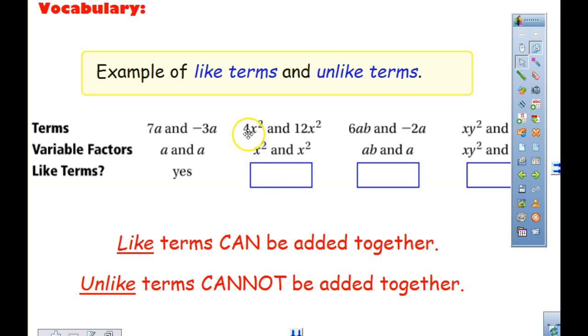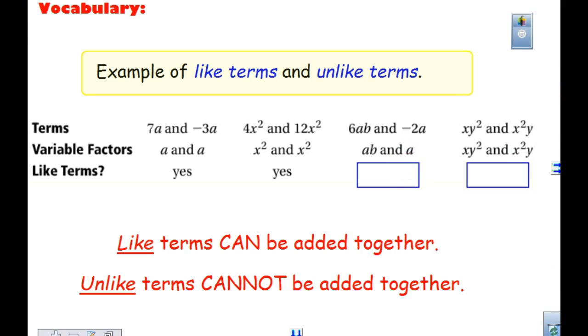If we are looking at 4x squared and 12x squared, they both have x squared. Are they like? Yes. We look at the next one, and we are talking about 6. We have ab and a for ours. Are they like terms? How about this last one? xy squared, x squared y.